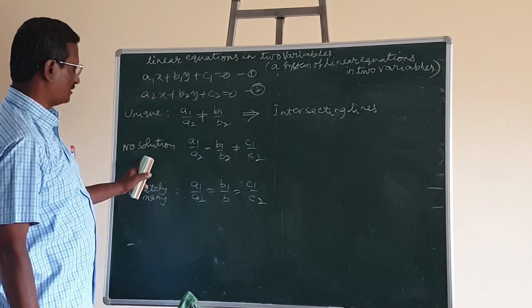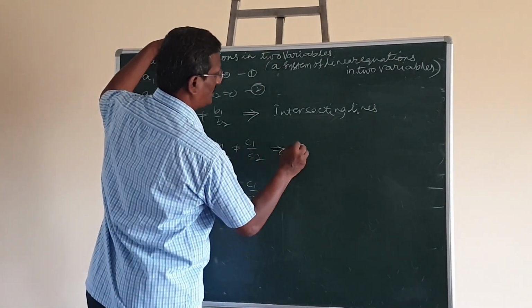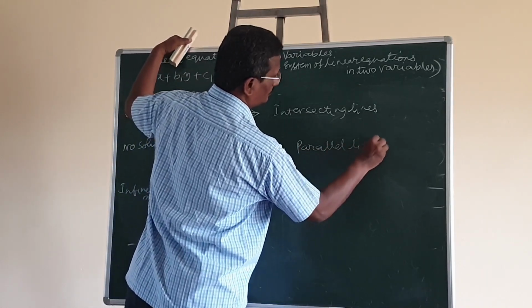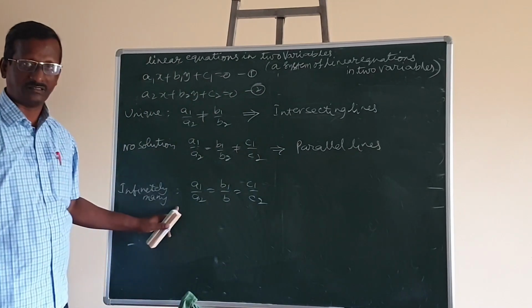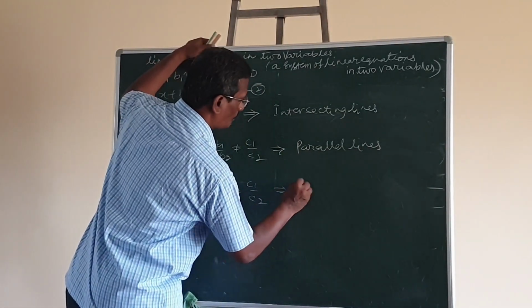In case the system is having no solution, the graph of this system of equations is parallel lines. In case the system is having infinitely many solutions, then the system is coinciding lines.